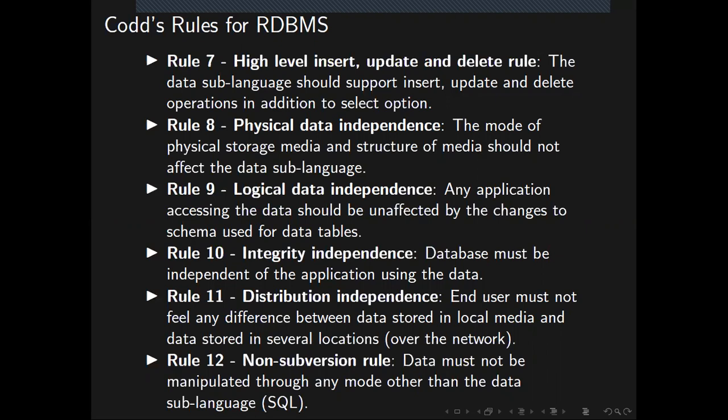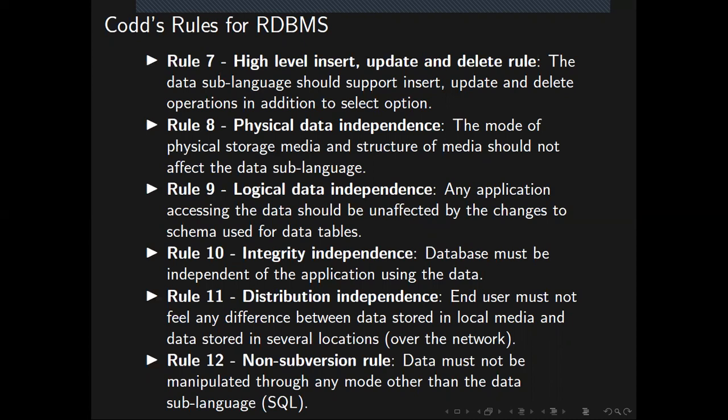RDBMS should store the data wherever it wishes. It is permitted to store the data wherever it wishes. It may be on a hard disk, a pen drive, a CD drive, or cloud storage on thousands of computers. Nobody bothers. When I issue a select command, I should be able to get the data without worrying about whether it comes from a hard disk, pen drive, CD drive or cloud.